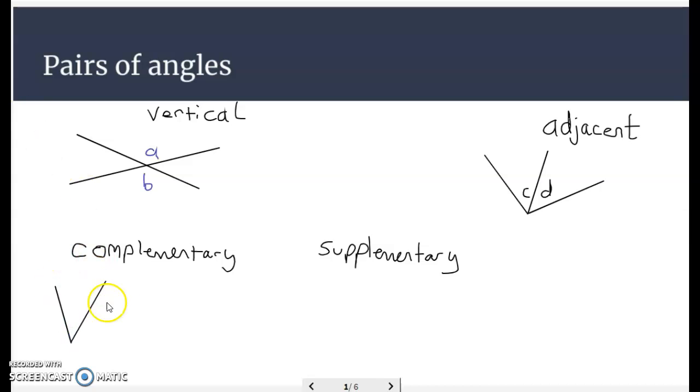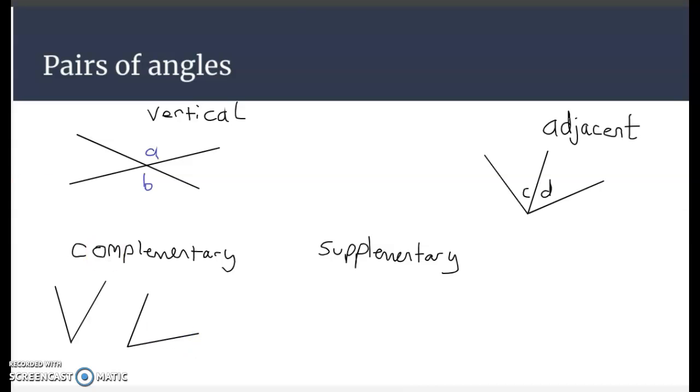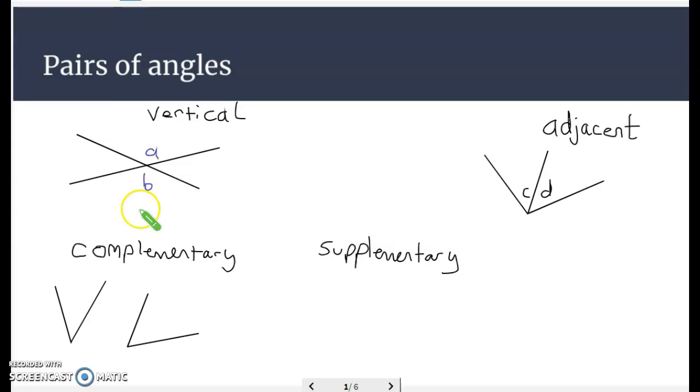Here's a couple of complementary angles, approximately, not drawn to scale, mind you. A couple that look like that. The thing about complementary angles is they add up to 90. So let's say this angle was 30 degrees and this angle was 60 degrees. We would say they're complementary because they add up to 90.